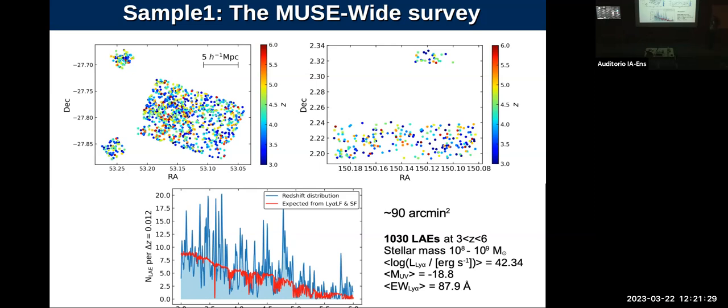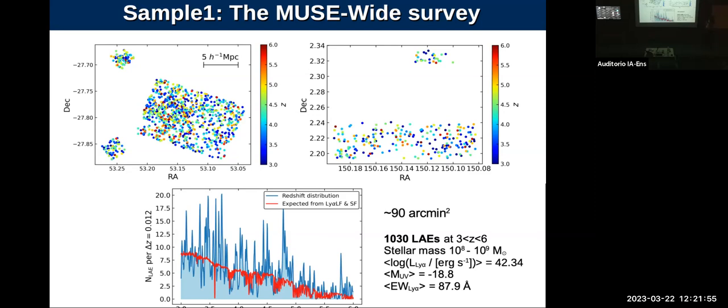You see again the spatial distribution of about 1,000 Lyman-alpha emitters that we have in the MUSE Wide survey. And in the color bar, you see the redshifts of all the Lyman-alpha emitters. In the bottom panel, you have the redshift distribution of all those Lyman-alpha emitters. In red, you see a computation I did for the expectation of the redshift distribution of a random sample.